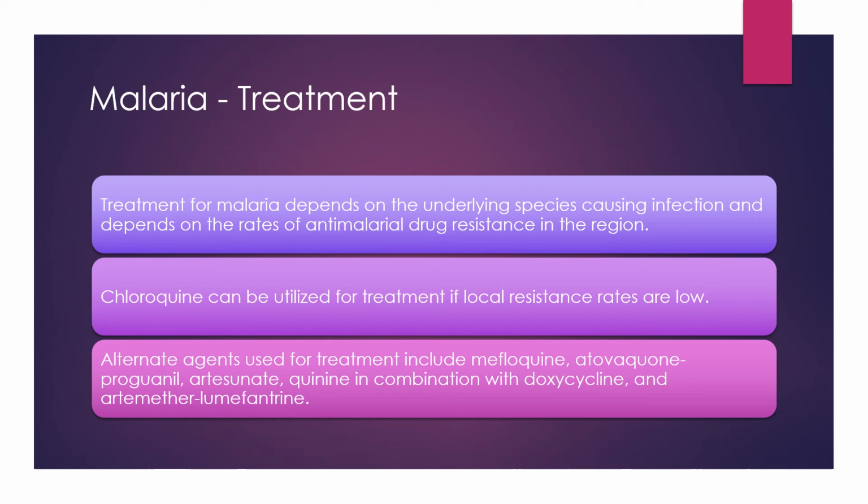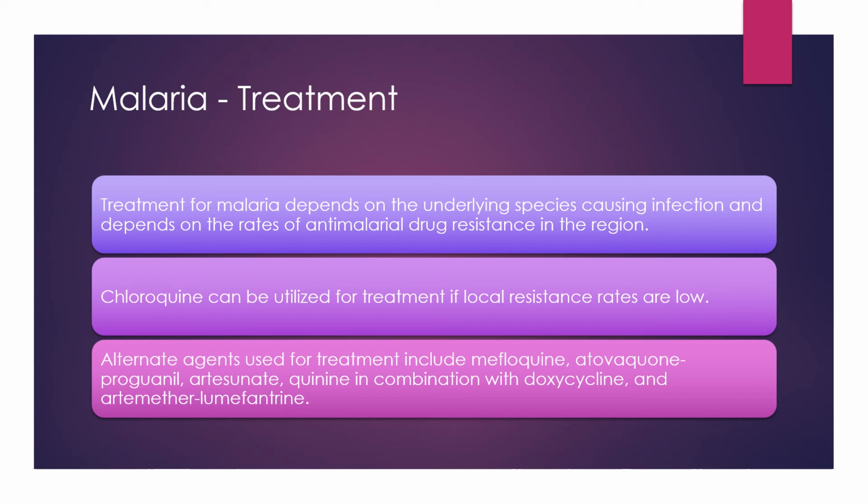Treatment depends on the species that causes infection. It's also highly dependent on your chloroquine resistance rate in the area that the patient comes from. Some alternates include mefloquine, Malarone (atovaquone-proguanil), and for more severe disease, you can use artesunate, artemether, or quinine in combination with doxy.